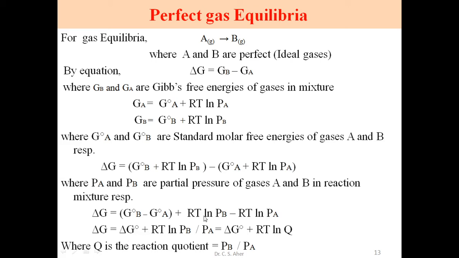In this case RT ln is common. What is remaining? PB minus PA, which we write in logarithm form as ln of PB upon PA. For this fraction PB upon PA, we write a new term, that is Q, and we have this equation. What is this Q? Q is the reaction quotient, equal to the partial pressure of product upon the partial pressure of reactant.